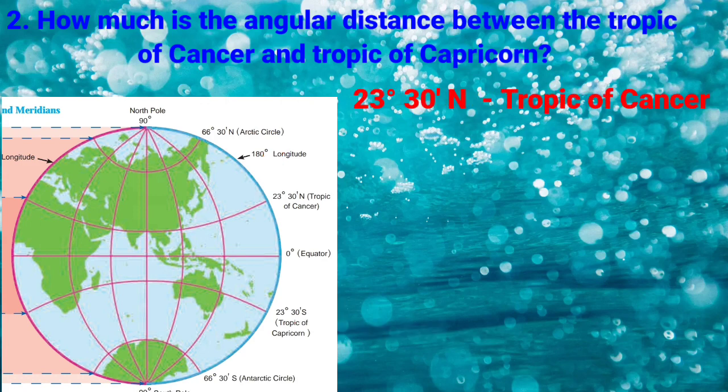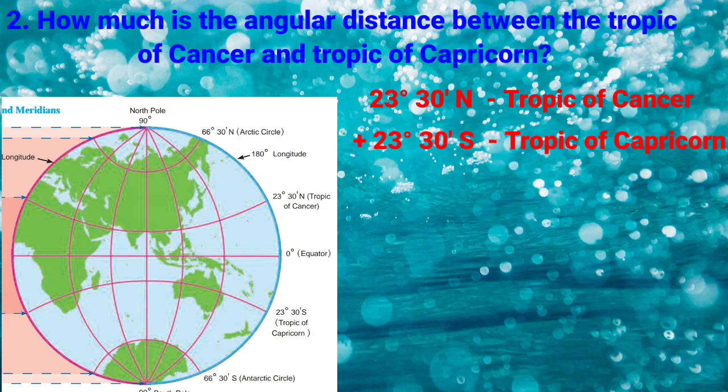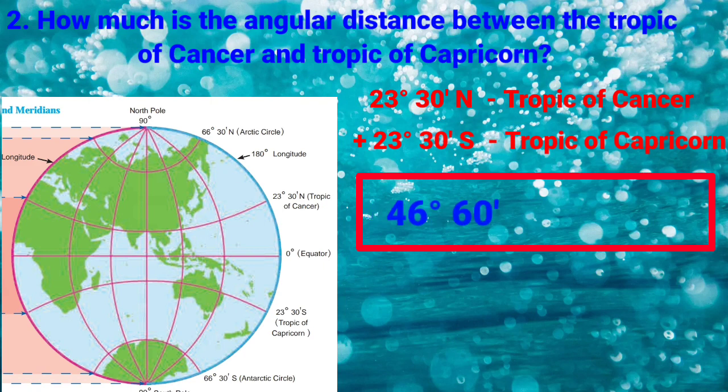For that, 23 degree 30 minutes north, the angular distance of the Tropic of Cancer, plus 23 degree 30 minutes south, the angular distance of the Tropic of Capricorn. Then we find the answer. 0 plus 0 is 0, 3 plus 3 is 6, 3 plus 3 is 6, 2 plus 2 is 4, and the answer is 46 degree and 60 minutes.